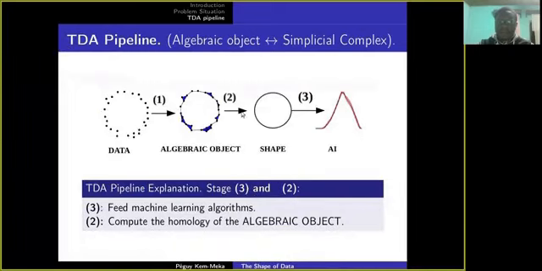Now that we know already the notion of simplicial complex and homology, this is the workflow or the pipeline for you to know the shape of your data. I always start with data, which I point in some Euclidean space. I compute an algebraic object on top of it. From the algebraic object, I can compute the homology that will help me to know the shape of my data.